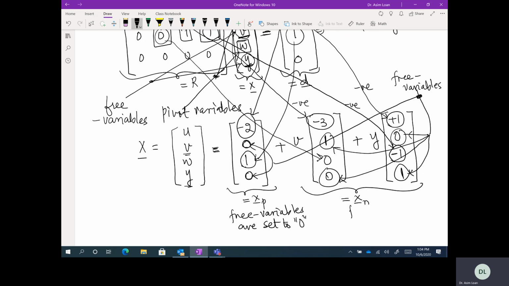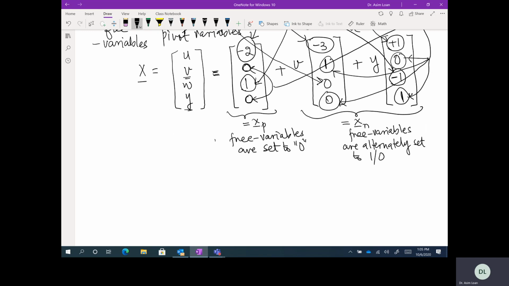For XN, your free variables are alternately set to 1 and 0. Okay, so actually for XP all free variables are set to 0.